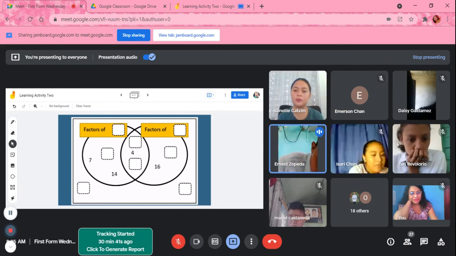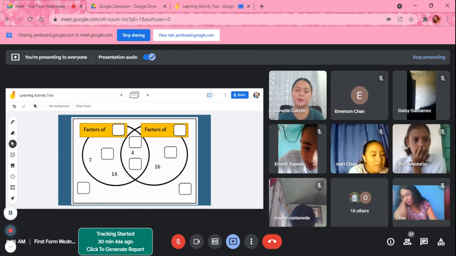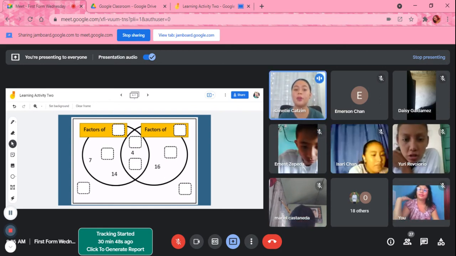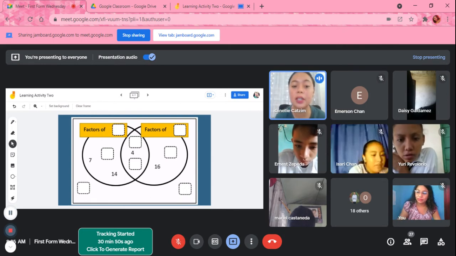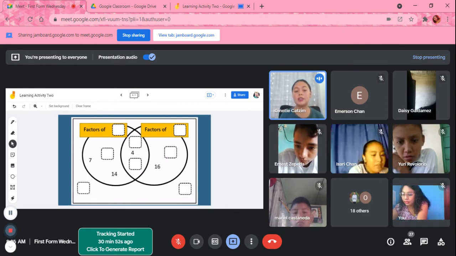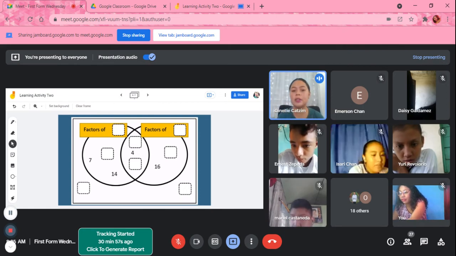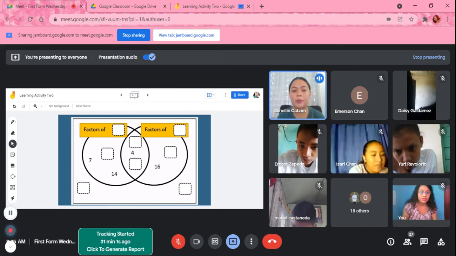It can be an even number because of the middle number 4. Okay, very good. It can be an even number, right? Because we have 4 there, and 4 is an even number, so that means that it can divide both of them with no remainders.